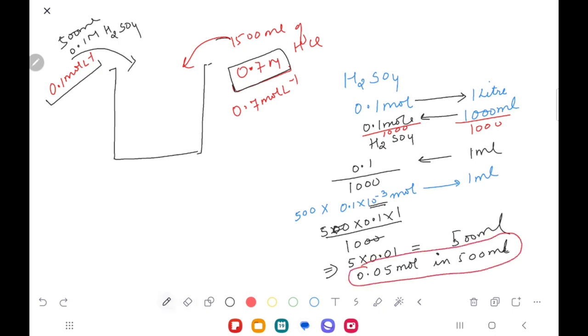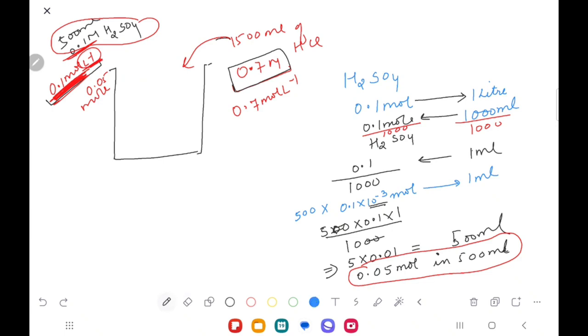So my point here is that I have 0.05 moles of H2SO4 coming from this solution, because I am adding only half of it. I'm not adding the full 1 liter. If I would have added 1 full liter, then it would have been 0.1 moles of H2SO4 coming from this side into the beaker. Do you understand my point?